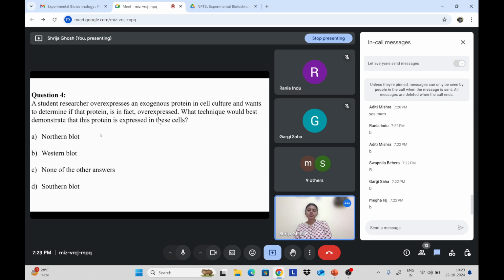So what do we use Western blot for? We use Western blot for detecting protein expression. What do we use Northern blot for? For what molecule can we use Northern blot? Anybody can answer. Okay, RNA.